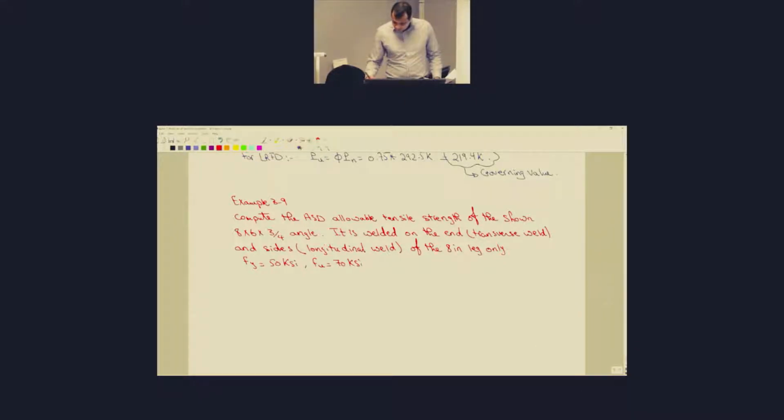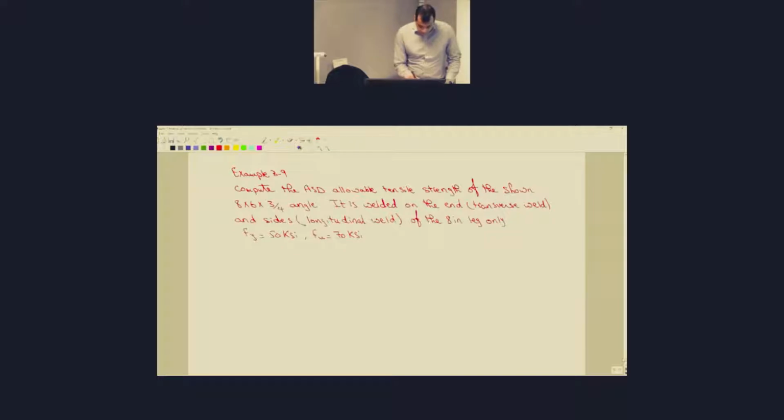So how does this section look like in the connection? So you have an angle, and this angle is 6-inch by 8-inch, and the thickness is 3/4. And this is connected to a plate on the 8-inch leg. So you have a plate here, and then it's connected by longitudinal and transverse weld.